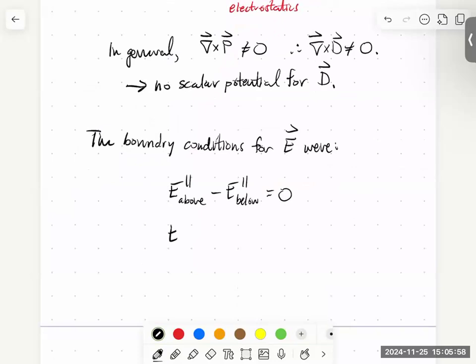And then there was a discontinuity for the perpendicular components, and that had to do with the surface charge. So the difference in E perpendicular was sigma over epsilon naught.